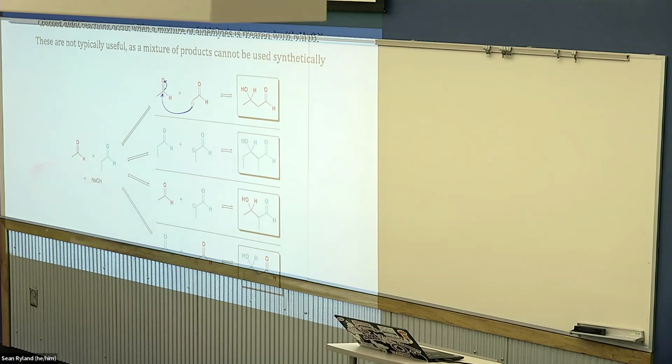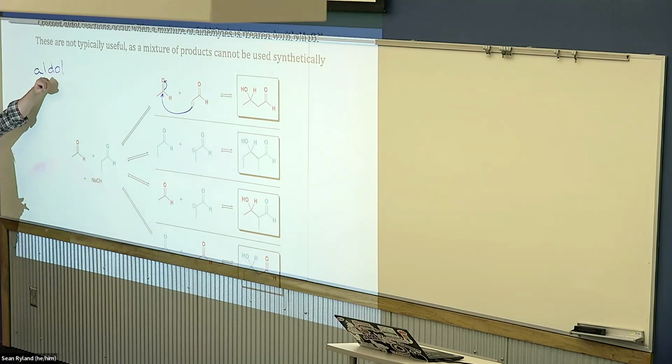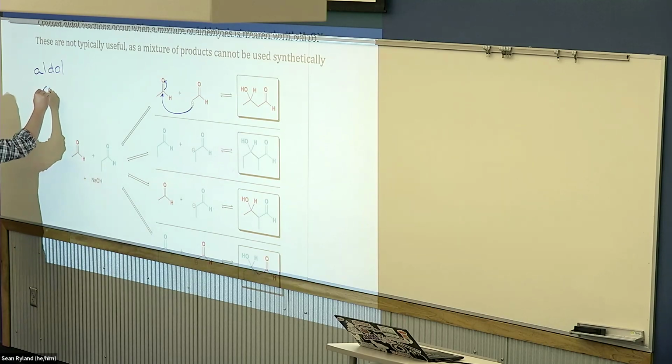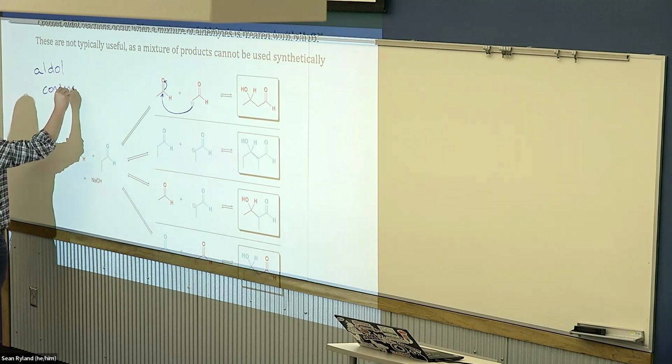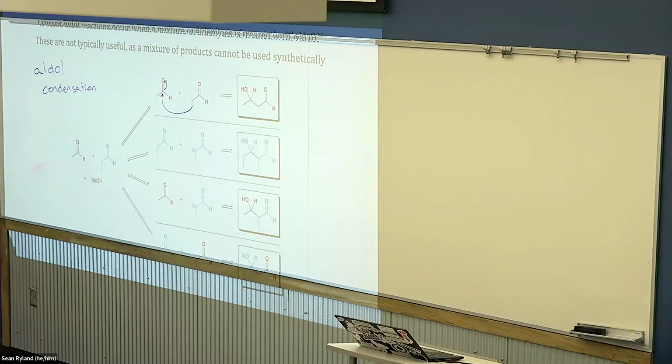And this is what's called an aldol condensation. An aldol condensation is when you get an aldehyde and an alcohol as part of your product, kind of like phenol, right? And condensation in the OChem sense just means you take two molecules and turn them into one.